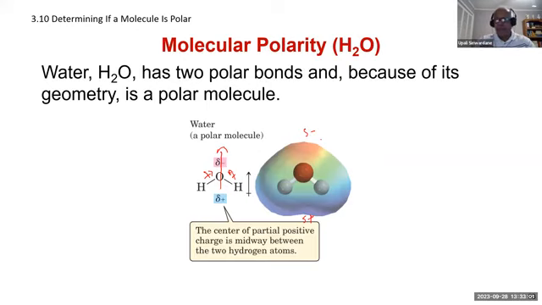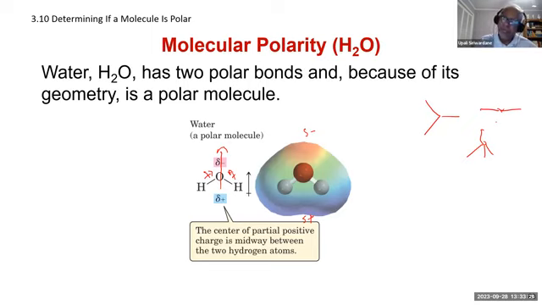Symmetrical means linear molecules, trigonal planar molecules, or tetrahedral molecules. If you have dipoles arranged in this arrangement, they cancel out.